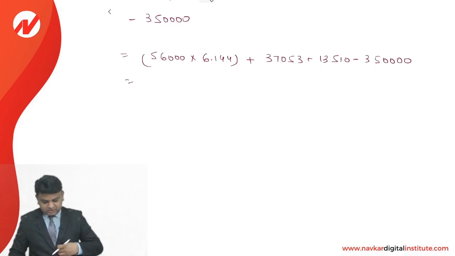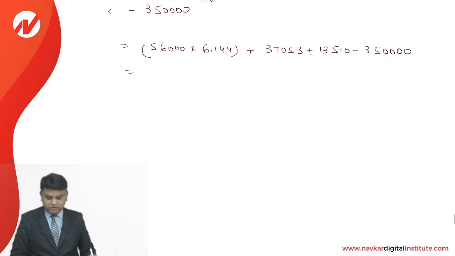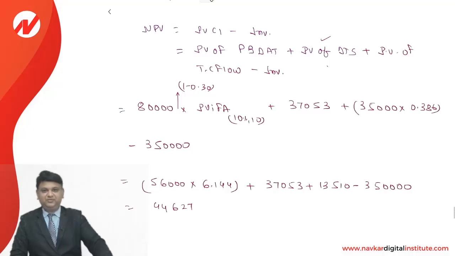So 56,000 into 6.144 plus 37053 plus 13510 minus 3,50,000. So the NPV is 44,627. That is the way the NPV can be found.